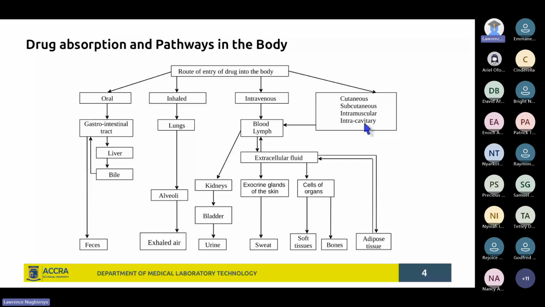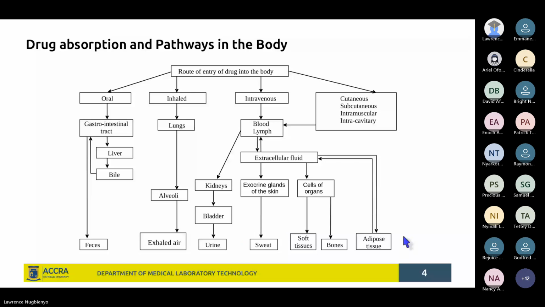So these drugs are delivered by specific procedures directly into some cavities of the body. But eventually this will end up in the blood and also come through the various excretion pathways like urine, sweat, the soft tissues, the bones, and the adipose tissue.